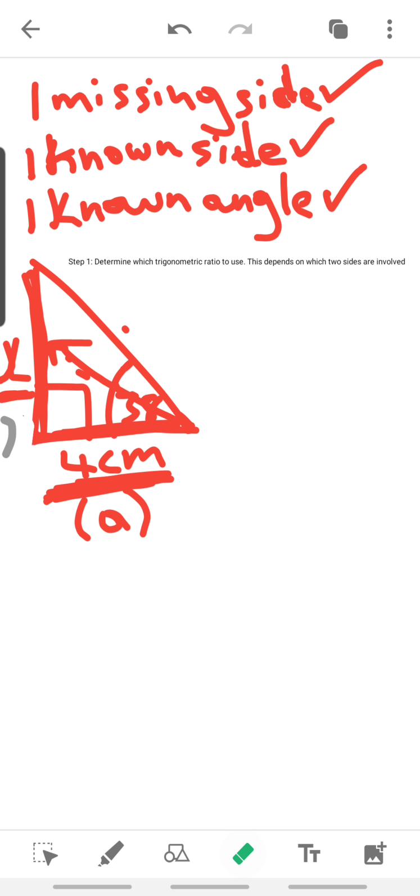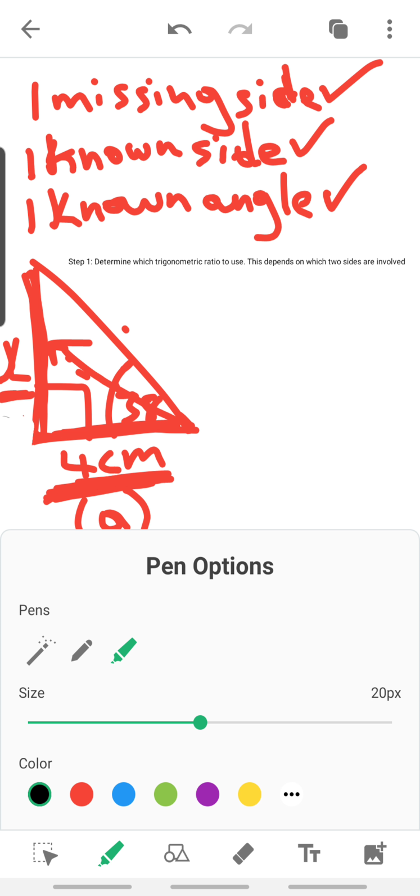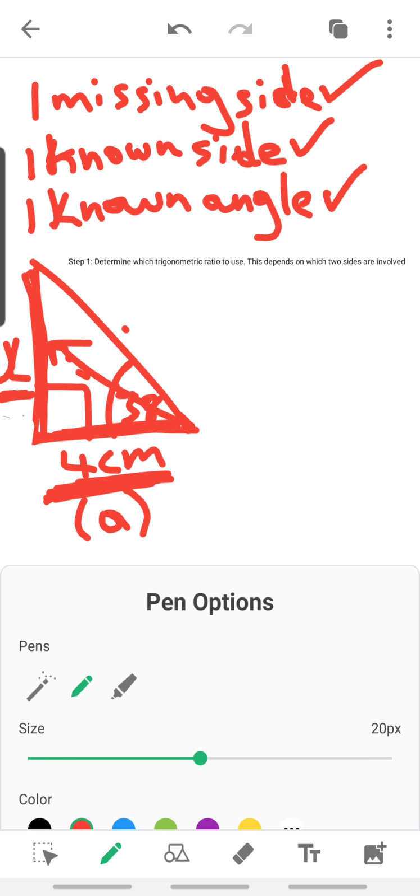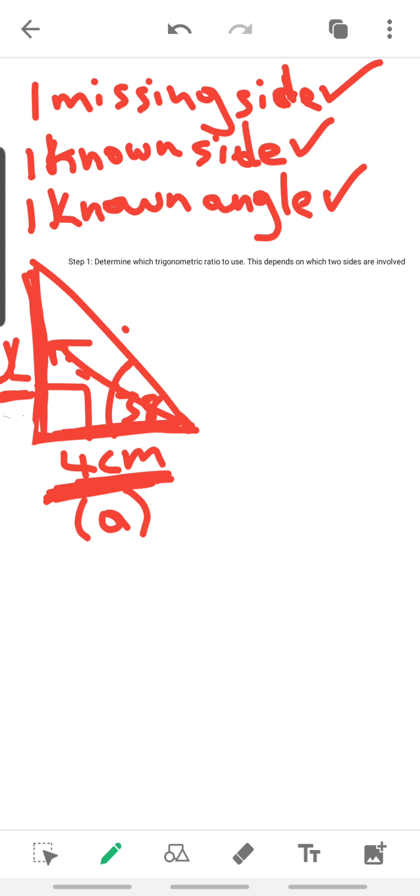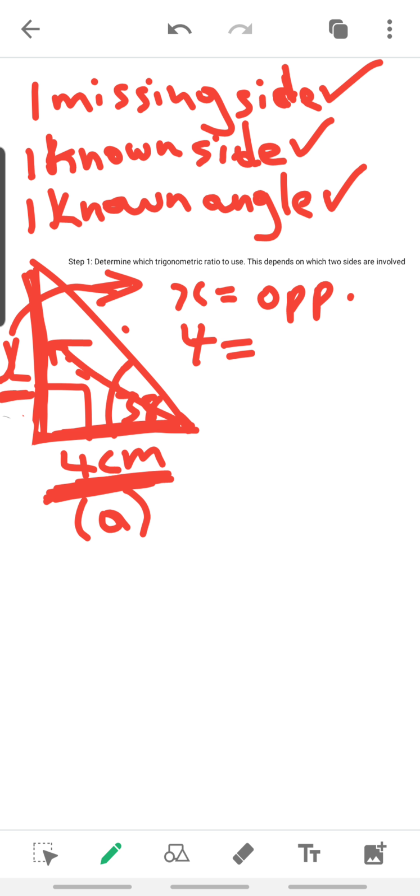I'm just going to draw an arrow and say that this x is our opposite, and the 4 is our adjacent, okay? So we've identified that the two sides involved are our opposite and adjacent.